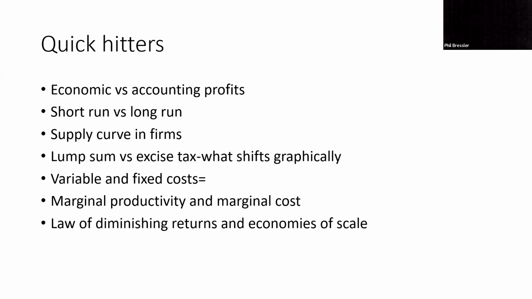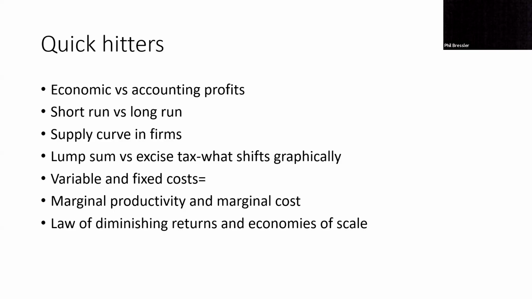An excise tax or per unit subsidy shifts ATC and MC. So again, a lump sum tax or subsidy shifts only ATC. An excise tax or per unit subsidy shifts MC and ATC.